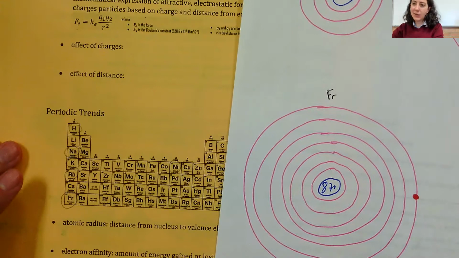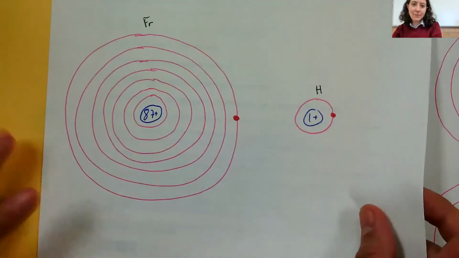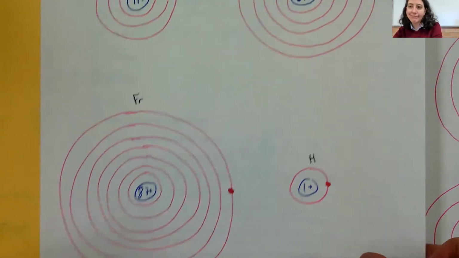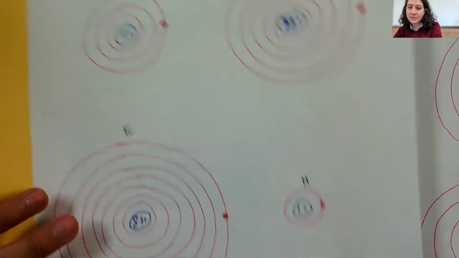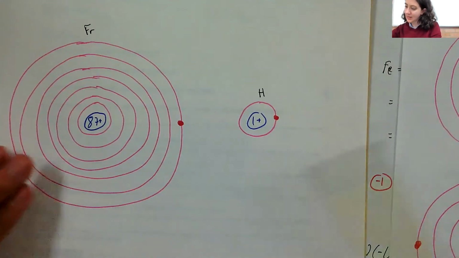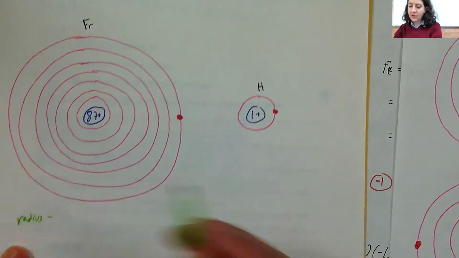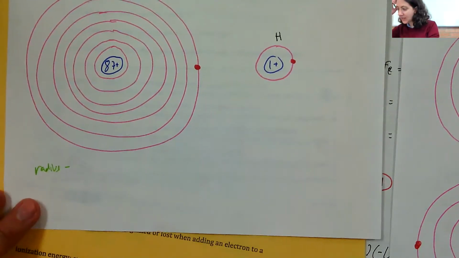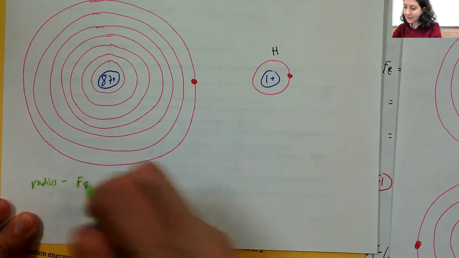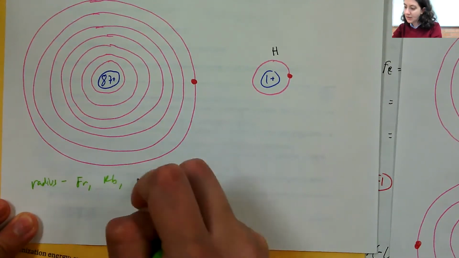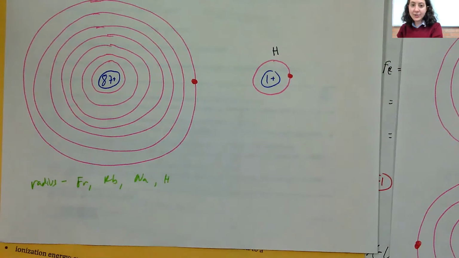I think in this case, it's pretty obvious. Straight up orbital levels. You know, they're all in different orbitals. So clearly for the radii, if we're going from biggest to smallest, it's definitely francium, then rubidium, and then sodium, and then hydrogen.